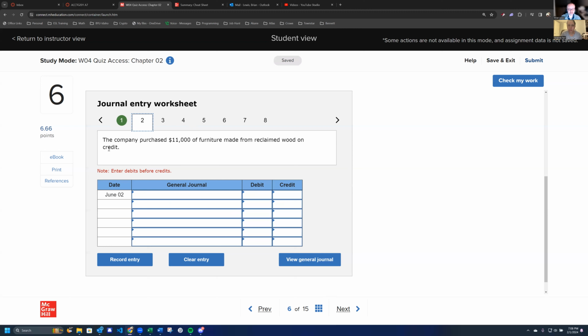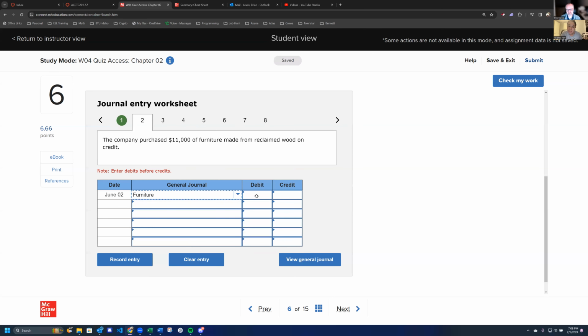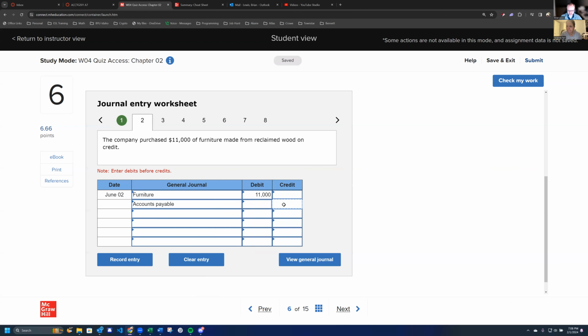So the furniture account would be debited 11,000 because it's the value you got. Correct. And accounts payable would be 11,000 as well on credit, right? Correct. Yep.